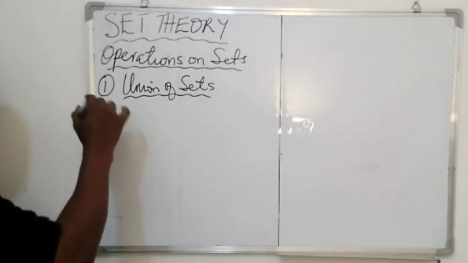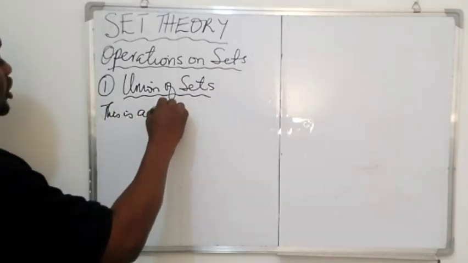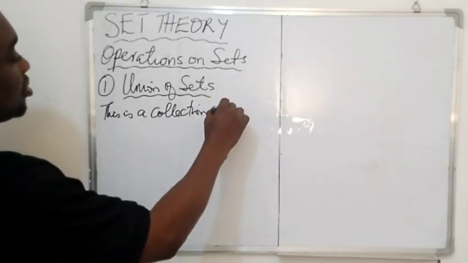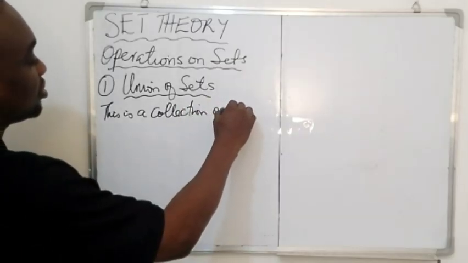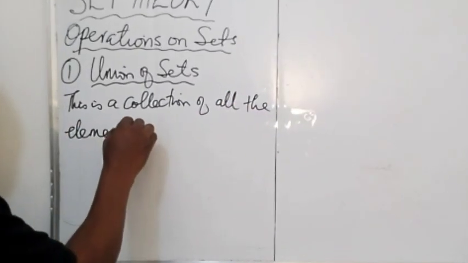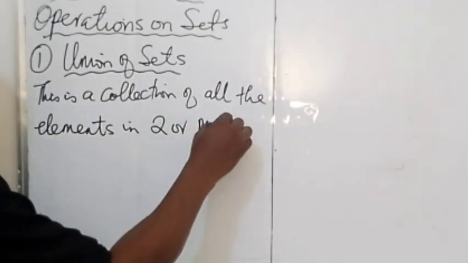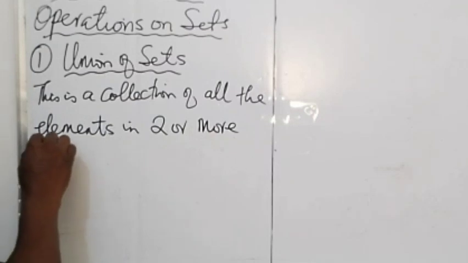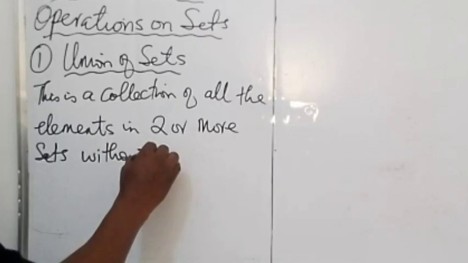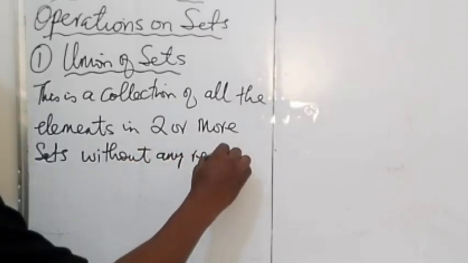So we will say that this is a collection or combination of all the elements in two or more sets without any repetition.